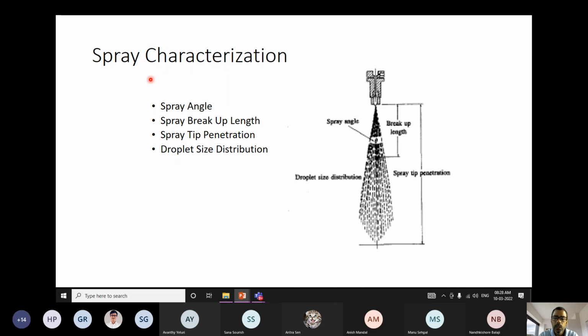OK, so these are very important parameters in the diesel engine, and people give a lot of attention to developing the injection system and finding out the spray parameters, because slight variations in the parameters will affect the performance and the emissions of the diesel engine in a very different way.